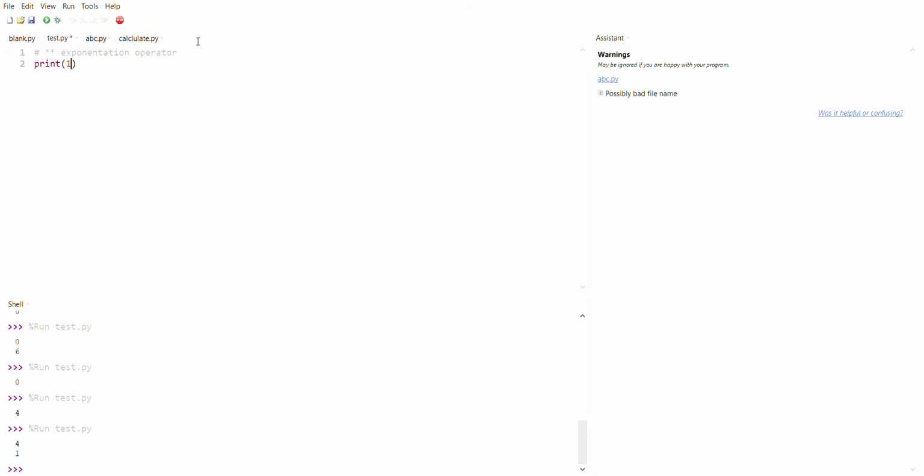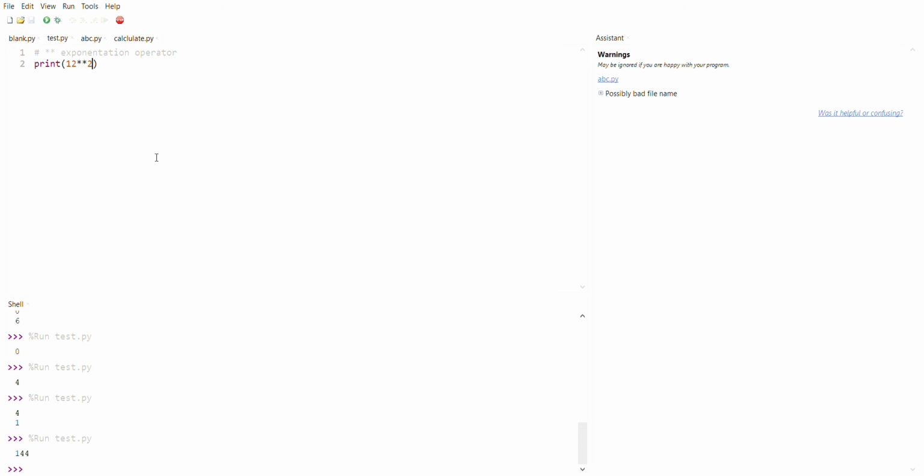Print 12 asterisk asterisk 2. Let's try running this. So here we go. We got 144. 12 to the power 2, or 12 square, is 144.